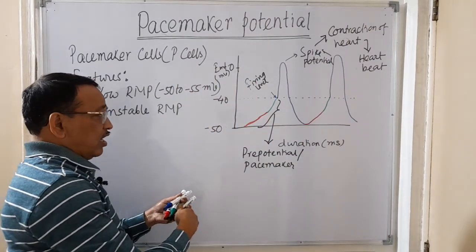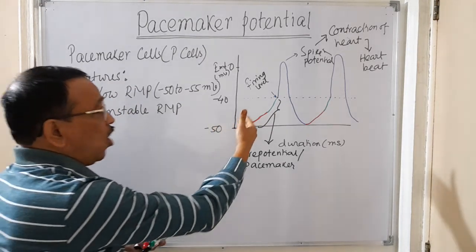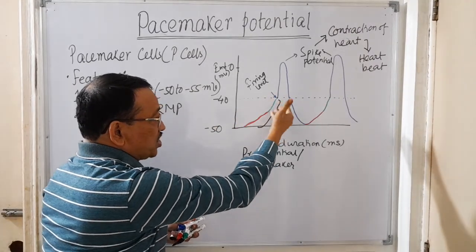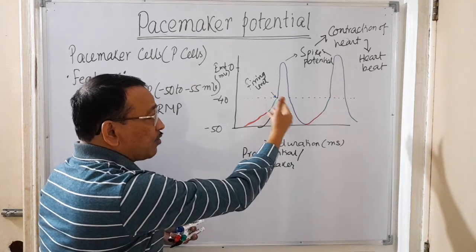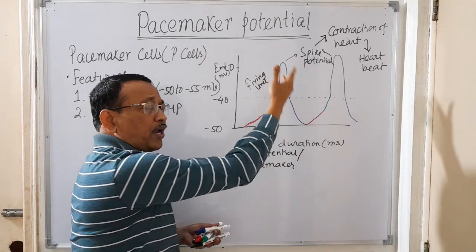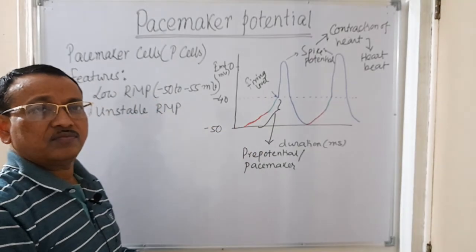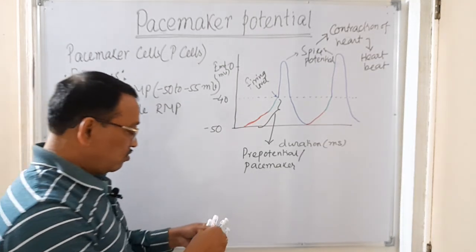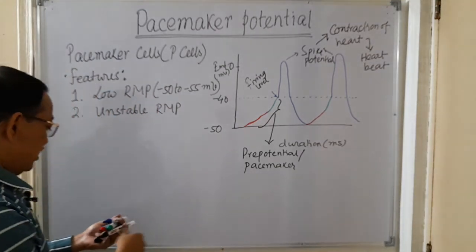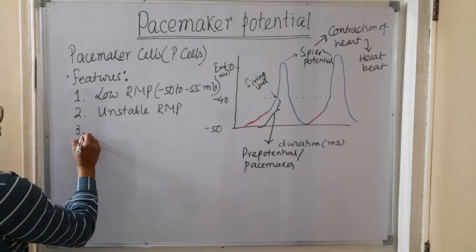So now here the question comes: how is this pacemaker potential or prepotential developed, and how is it ultimately converted to the spike potential that is responsible for the beating of the heart? So this part is the ionic basis.